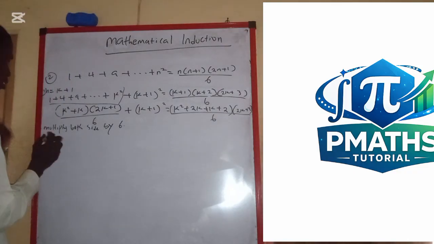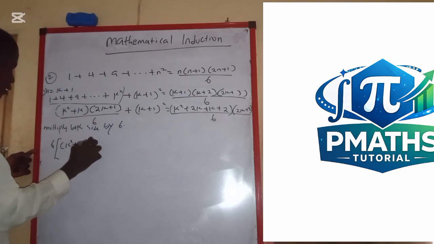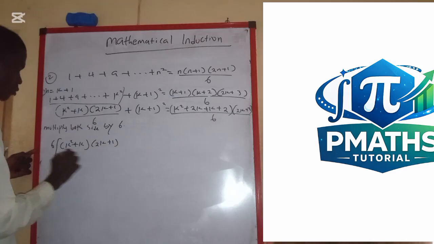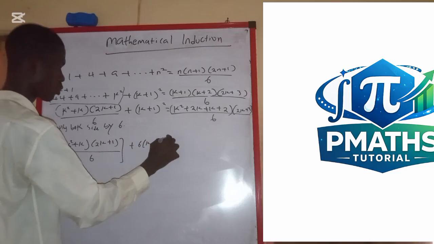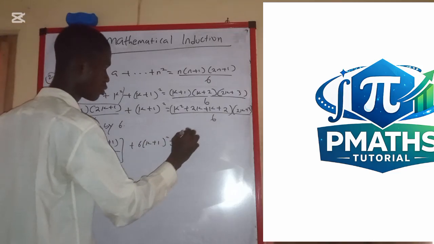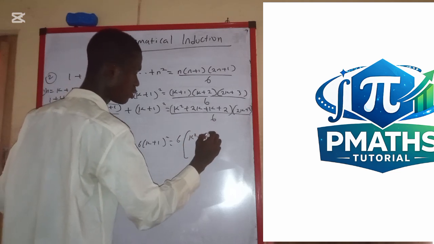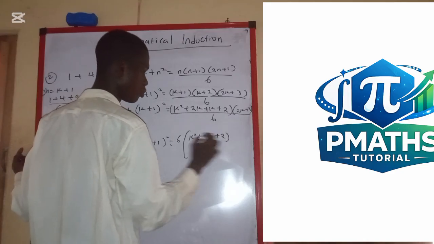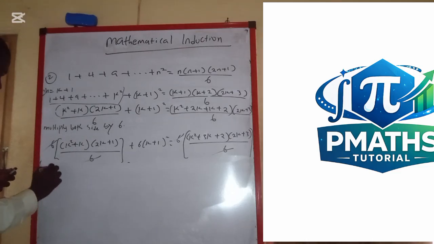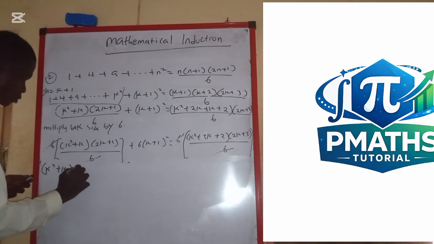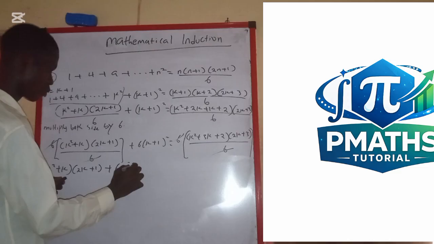So by 6, that's 6 times (k squared plus k) times (2k plus 1) over 6 plus 6 times (k squared plus 3k plus 2)... It means (k squared plus k), close bracket, (2k plus 1) plus 6 times (k plus 1) squared.